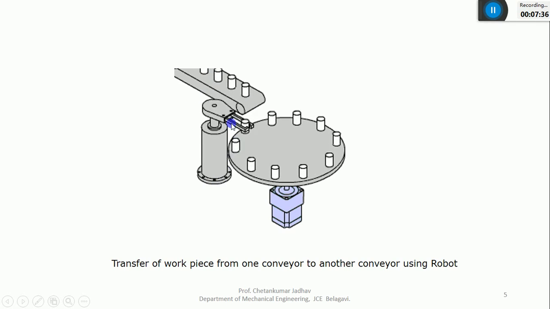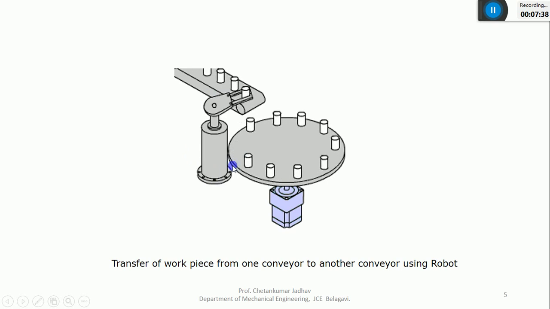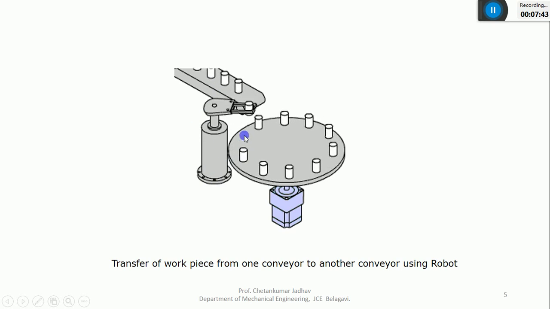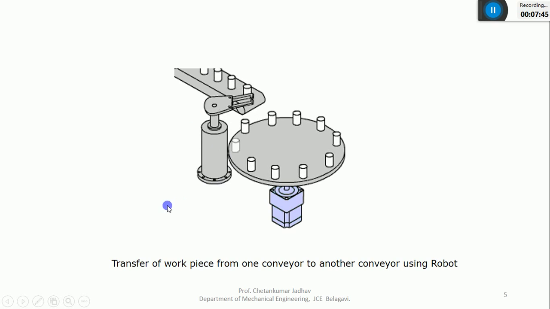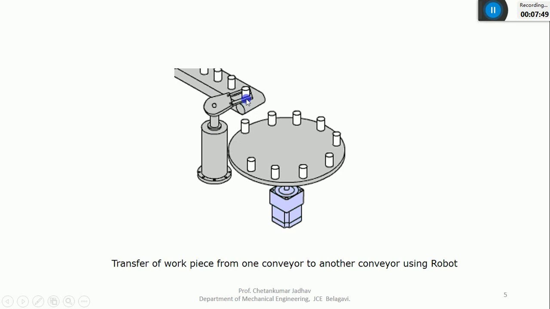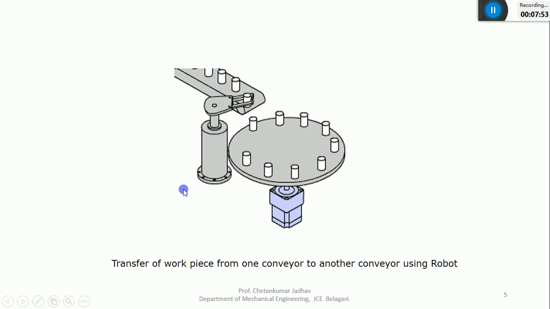First I'll consider this robot as a system, a mechanism or a machine, and I'm giving some input to it. To move the robotic arms and grippers, I need to give an electrical supply, right?